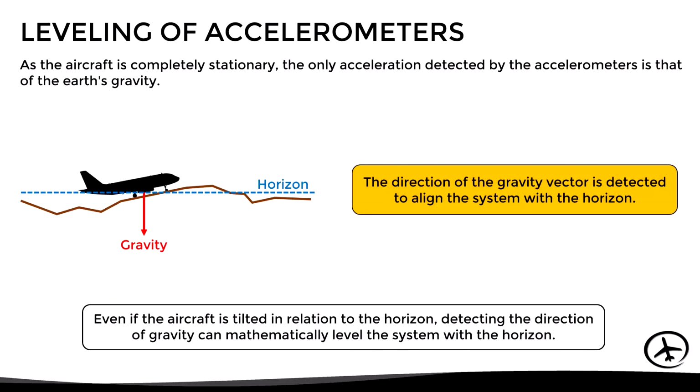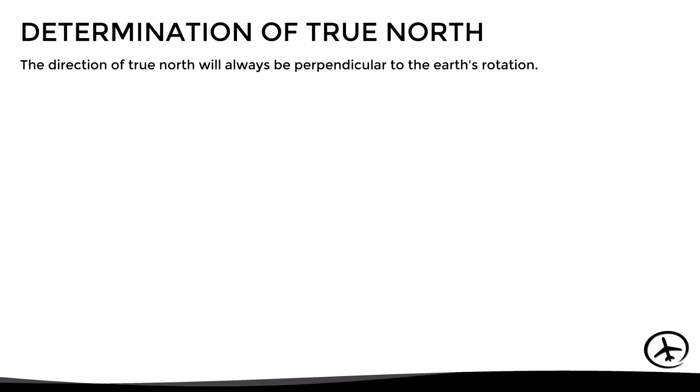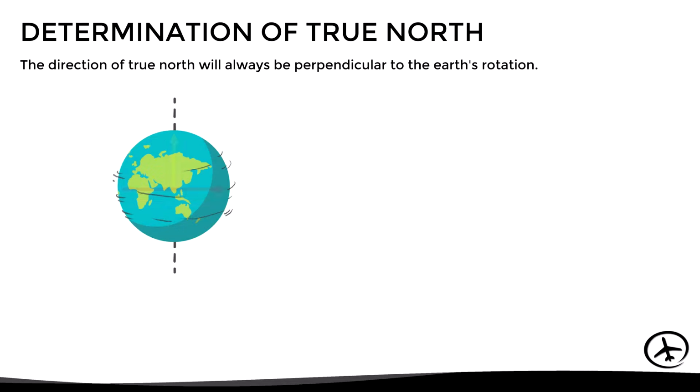Now, the other process that takes place during IRS alignment is the determination of true north. As we know, the direction of true north will always be perpendicular to the Earth's rotation, as we can see in this example. But the question is, how can the inertial system detect the direction of true north?